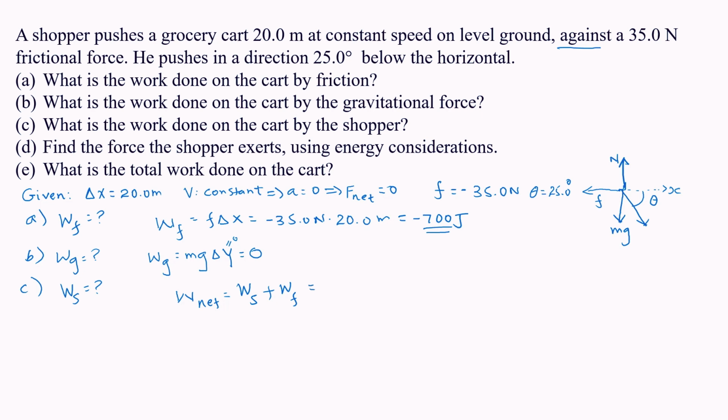That should add up to 0. This implies that the work done by the shopper is equal to negative work done by friction. Plug in the numbers. Negative of, we have calculated the work done by friction in A, and that's minus 700 joules. And that is equal to 700 joules positive.